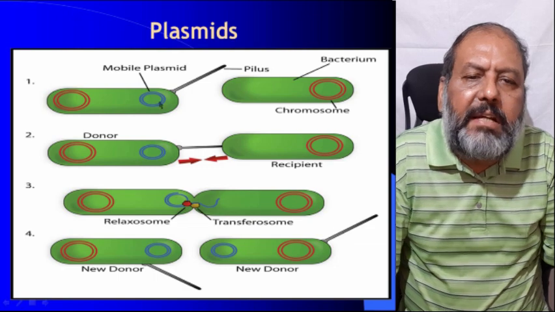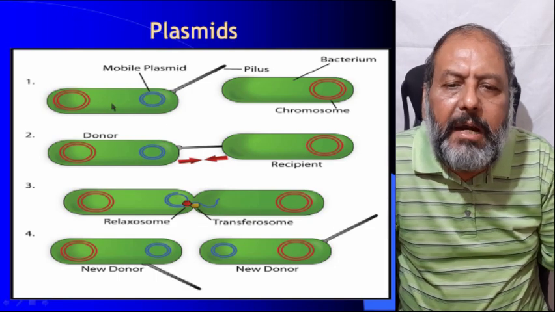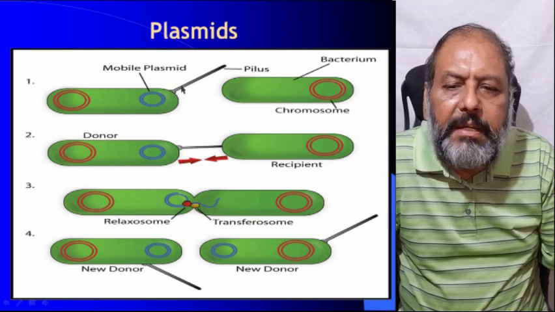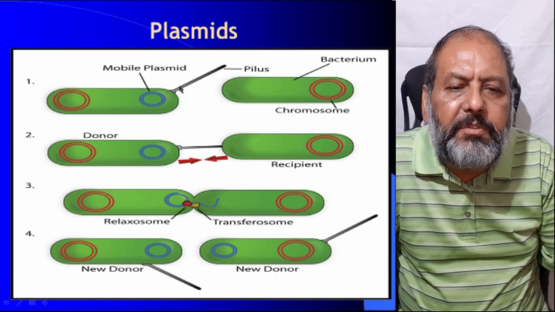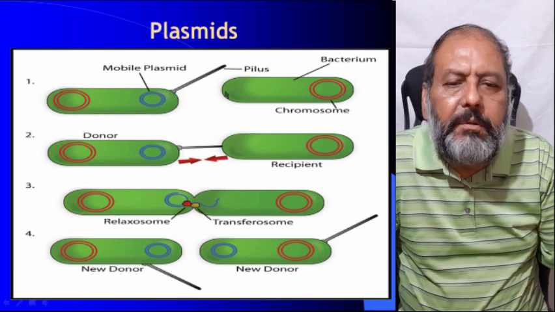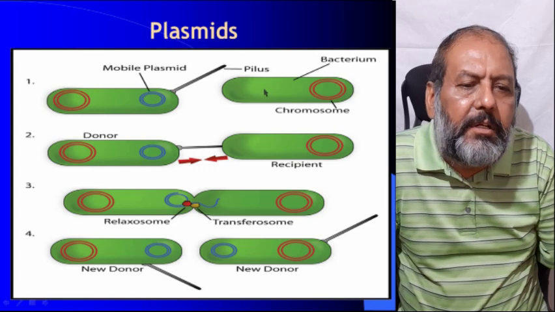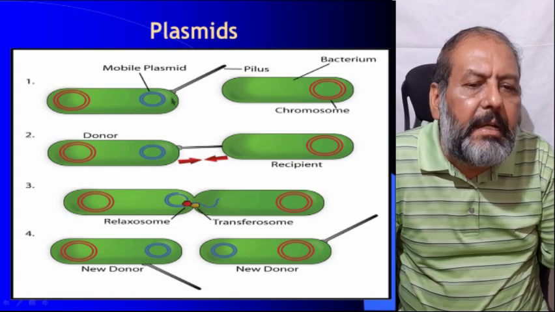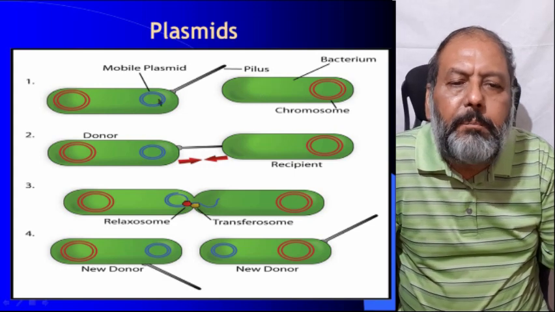And here one can see the mobile plasmid, and here is that sex pilus through which this can give this part of the plasmid to this cell which has no plasmid.